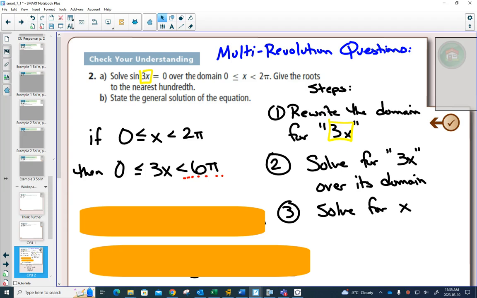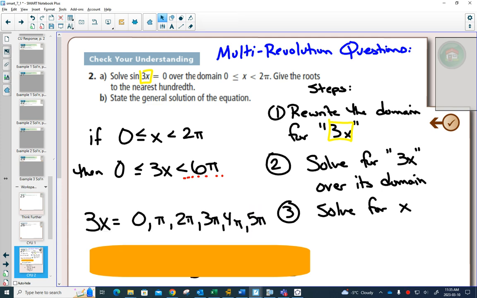But that's only once around the circle. We need to solve for 3x, in other words, when is it equal to 0, but 3 times around. So the first time around will be 0, pi, and 2 pi. Second time around would be 3 pi and 4 pi. And the third time around would be 5 pi and 6 pi.